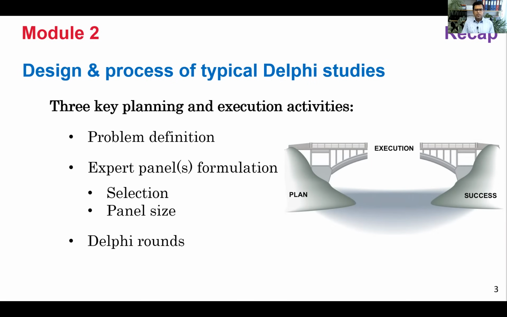In summary, problem definition encompasses understanding the research question development, designing the research, and deciding the research sample or the panel. Expert panel formulation focuses on selecting panel members with appropriate expertise and dealing with the challenge of panel size determination.